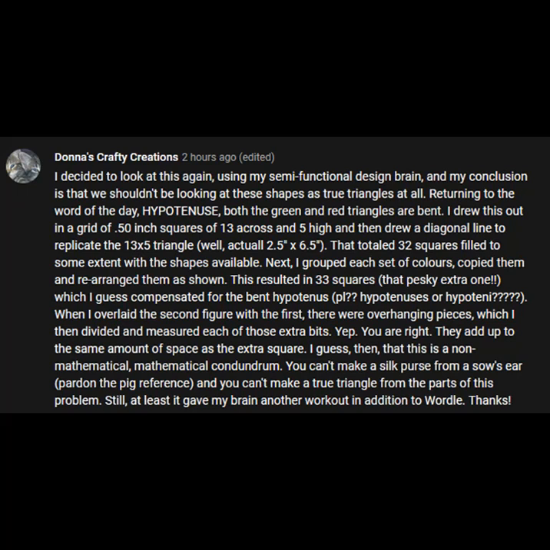Donna, those are not Fibonacci numbers or whatever they were. That totaled 32 squares, filled in to some extent with the shapes available. Next, I grouped each set of colors, copied them, and rearranged them as shown. The result is 33 squares, that pesky extra one, which I guess compensated for the bent hypotenuse. See that? I've used that twice now. Or hypoteni.